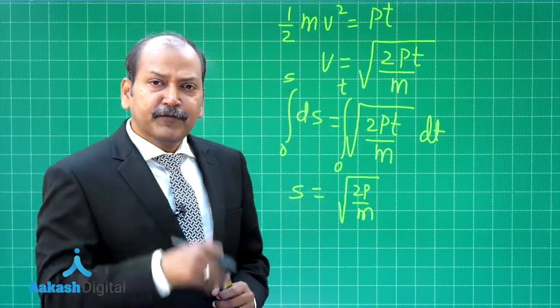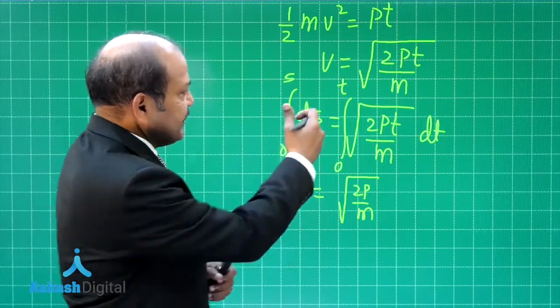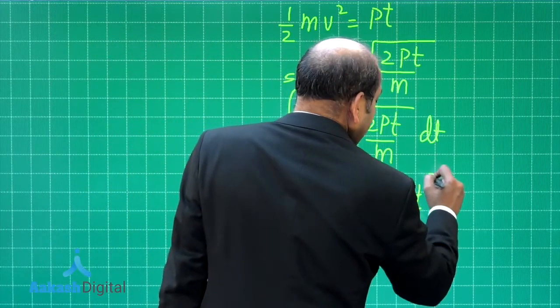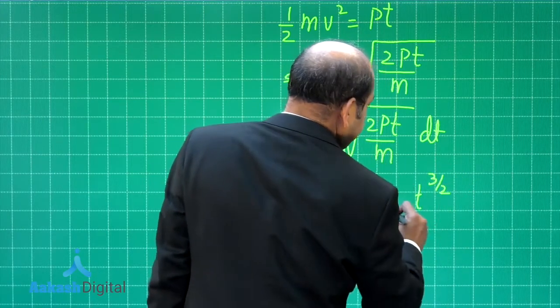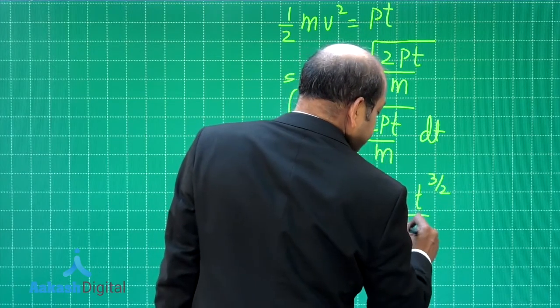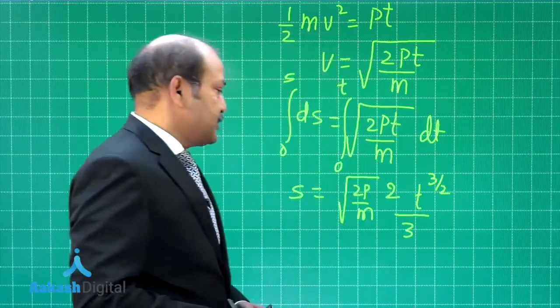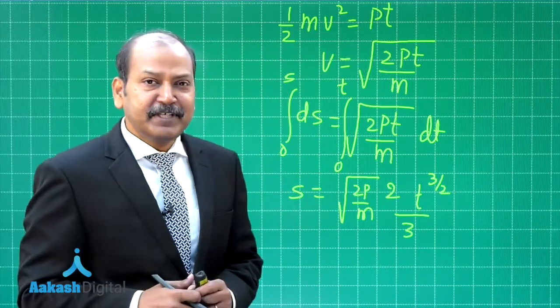So, integral of root t dt with these limits will be given as t to the power 3 by 2 divided by 3 by 2, that means we have 3 in the denominator and 2 in the numerator. So, this is the expression for the distance travelled.